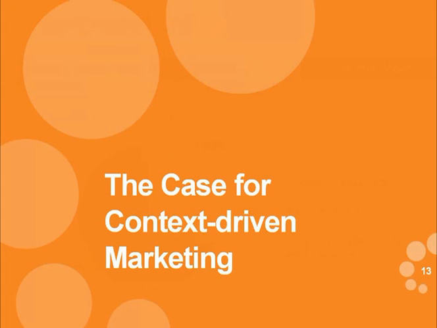So now that we have seen the data points, what's the need for context-driven marketing? Because content marketing is not as effective as we have seen, what we are saying is that what you need to do is drive content but within context.